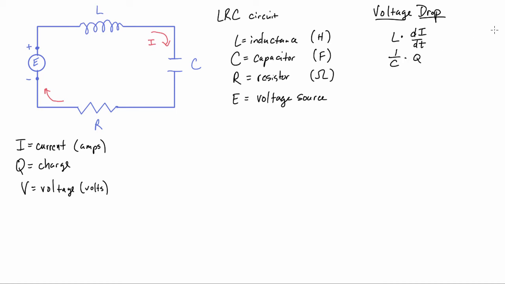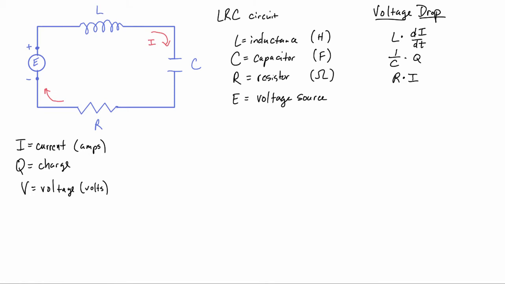And that is the voltage drop. So the resistor in this case is something called Ohm's law. Ohm's law states that the voltage drop is directly proportional to the current. And so those are the three voltage drops that we need to be aware of, at least telling us what happens across each of these objects.